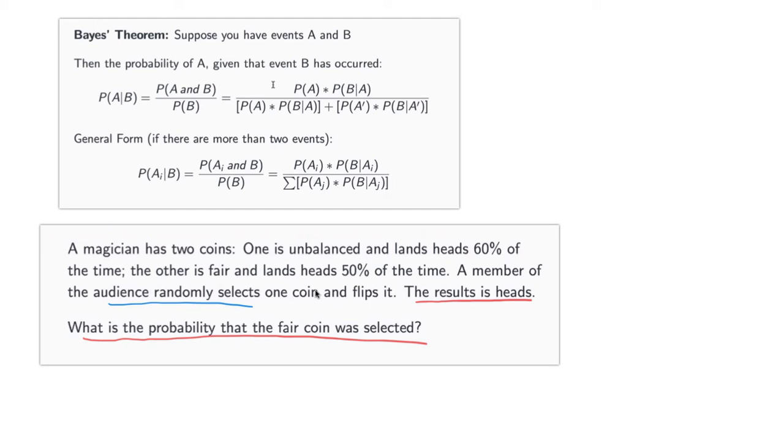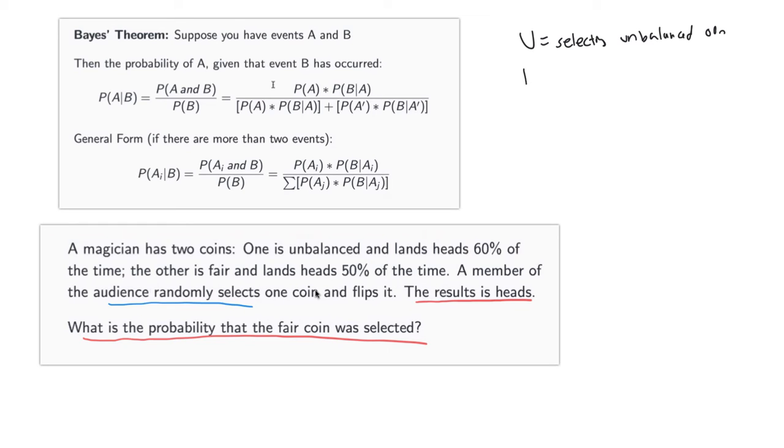So we must get clear on the cast of characters. We will say that U represents the person selecting the unbalanced coin.